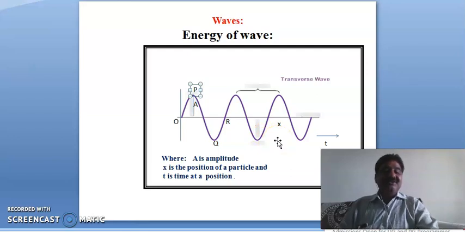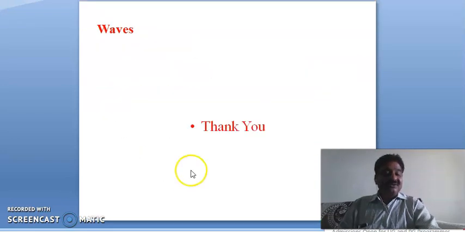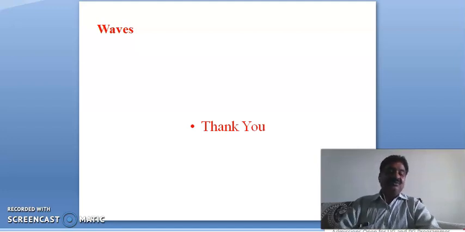This is the difference between SHM and the wave: the energy of a particle in SHM and the energy of a wave. Hereafter remember that the energy of a wave is not constant, it varies with time. Another point to remember is that at a particular point, the kinetic energy and potential energy are equal in value.